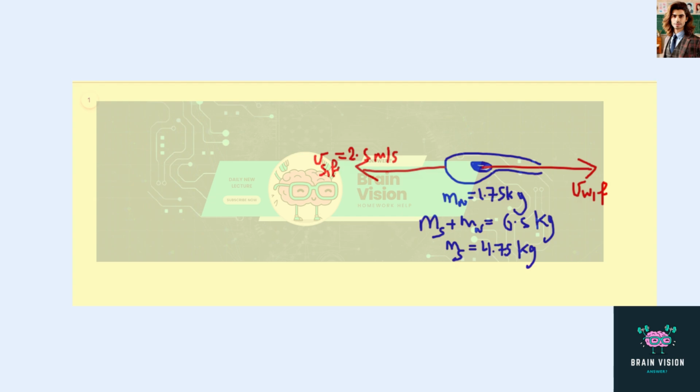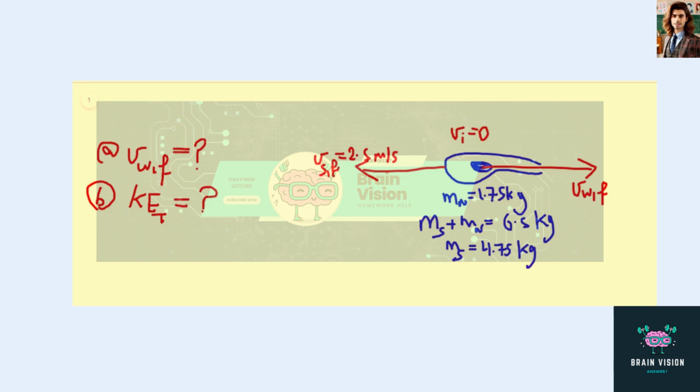It's worth mentioning that the initial speed is 0 as given by the problem. It was at rest. The question in part A asks: what is the speed of the water that needs to be expelled from the squid such that it will escape with a speed of 2.5 meters per second?